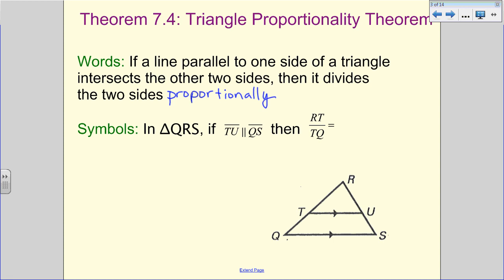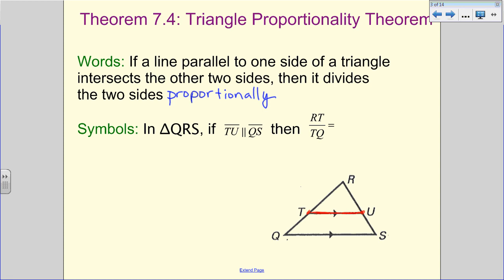Alright, so we know one of our lines is parallel to a side of a triangle. So here's the line that we have parallel to the side of our triangle, QS, and it intersects the two sides. We're intersecting at T and we're intersecting at U. Then it divides the two sides proportionally.